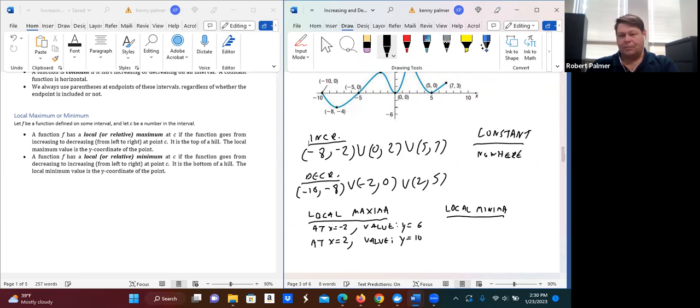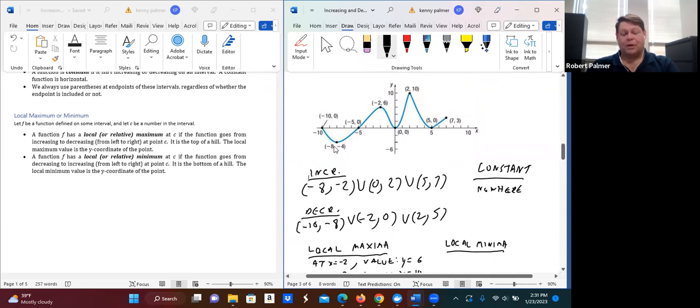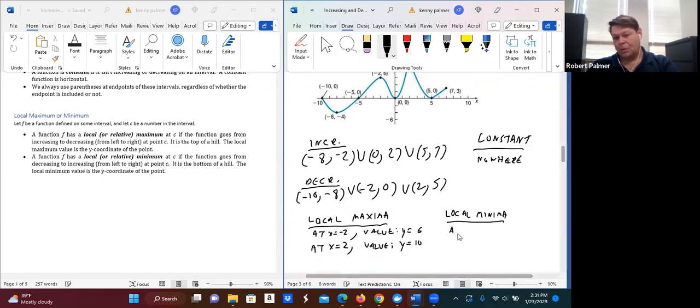Okay. Now, once again, the bottoms of hills, and it looks like we actually have 3 of those. Okay. So from left to right, doesn't matter where we start with, but here the first one is at -8, and the value is -4. Y equals -4.